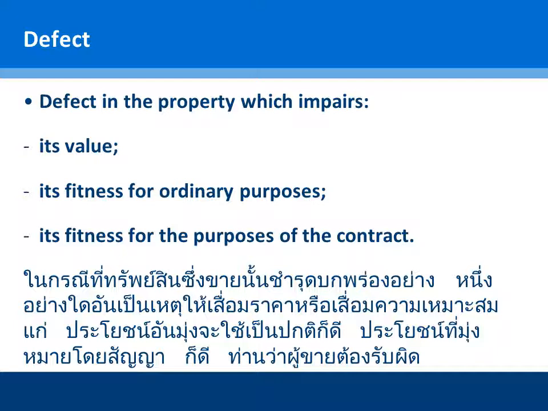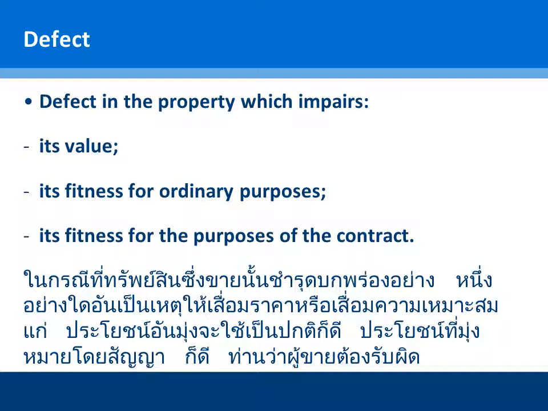I buy a purebred German Shepherd dog from you. Later on, I find out that this dog is not a purebred German Shepherd dog. So even if I pay 20,000 baht for this dog, its real value is much lower. The seller, you in this case, are liable for defects.